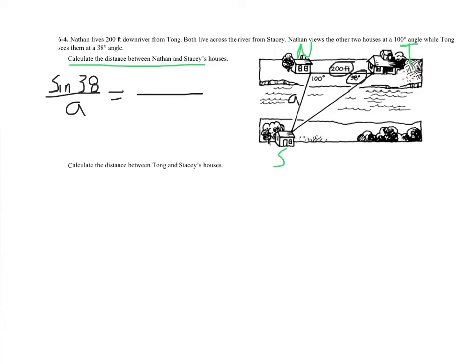This is 200 feet, and the angle opposite it happens to be 42 degrees, because 180 minus 100 minus 38 gives us 42 degrees. So then the sine of 42 over its opposite side, which is 200.